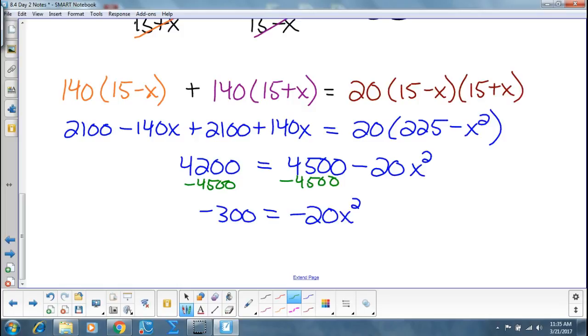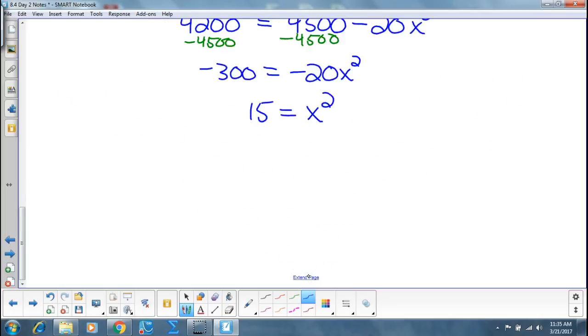So this becomes 15 equals x squared when I divide by negative 20. So this becomes plus or minus the square root of 15 when I take the square root on both sides. Yes?